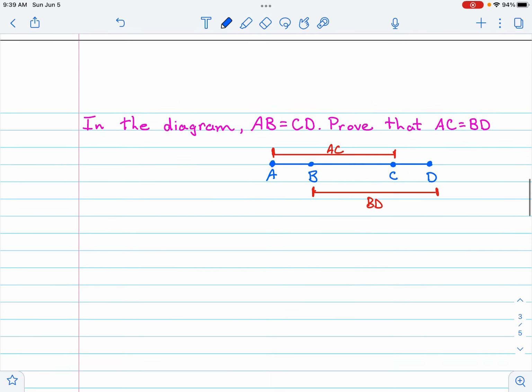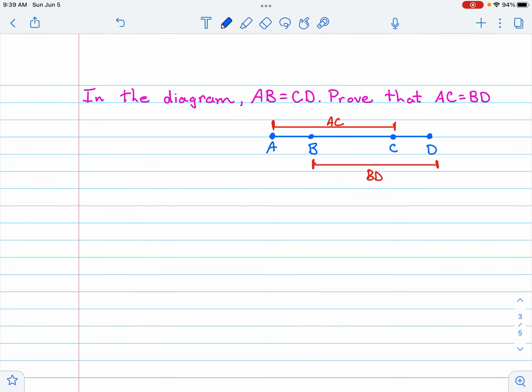Now let's look at another example here. In this diagram, this blue line, you're told that the measure of AB is equal to the measure of CD. And we want to prove that the measure of AC is equal to the measure of BD. That's what we want to show.